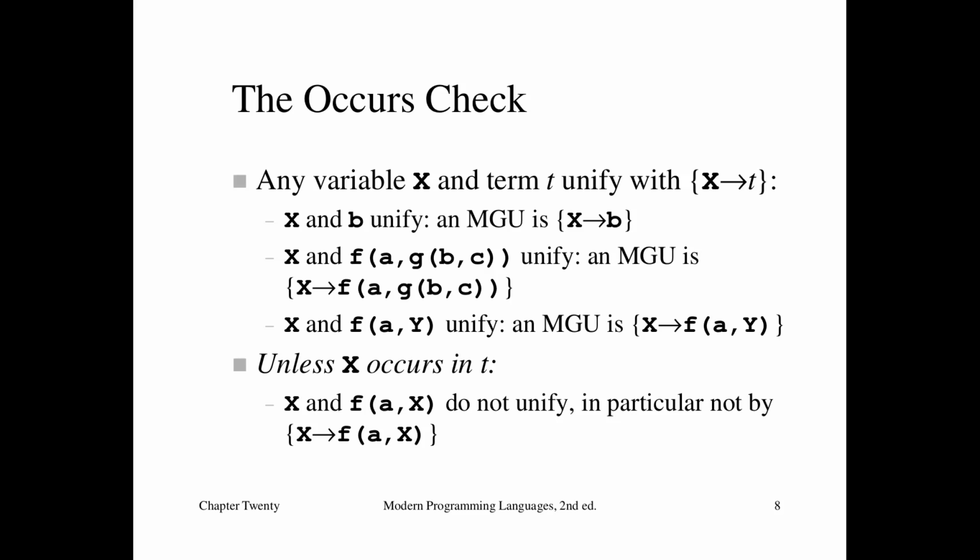We can continue along, unless x occurs in t. All these unifications are great until we see that x occurs in the term. So x and f of a x do not unify, not by mapping x to f of a x, because x is a part of the right hand side, so it's not going to work out.